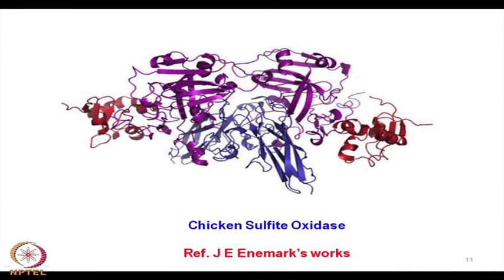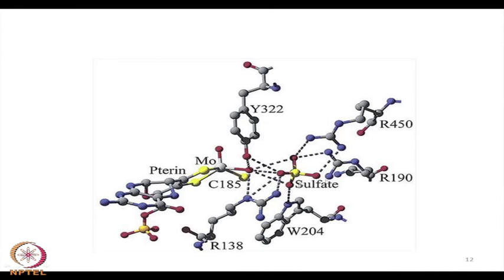In this particular case, the metal centers are there, depending on molybdenum and iron, but this particular anion is formed from the sulfite and converted to sulfate, and that sulfate is basically trapped inside. We will come back to this again. So, the product, sulfite converted to sulfate, is being trapped within the system.